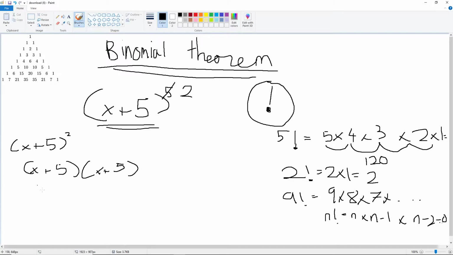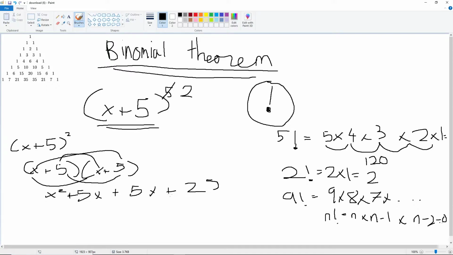We do x times x, x squared, x times 5, 5x, and then 5 times x, 5x, plus 5 times 5, which is 25. This is just x squared plus 10x plus 25.